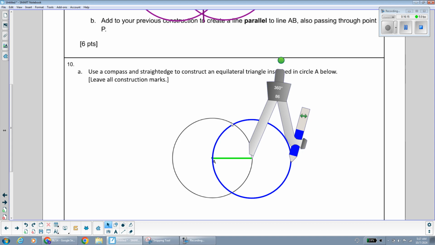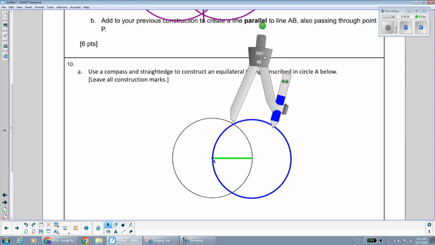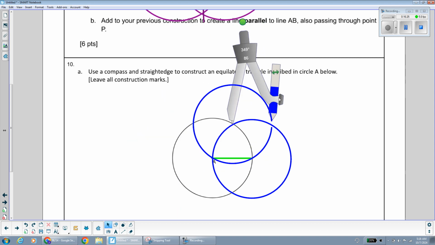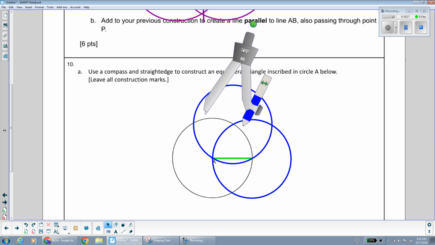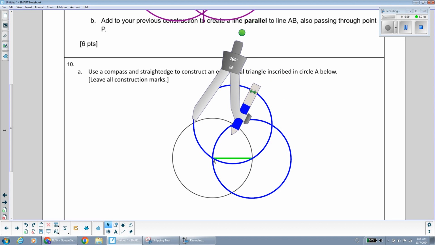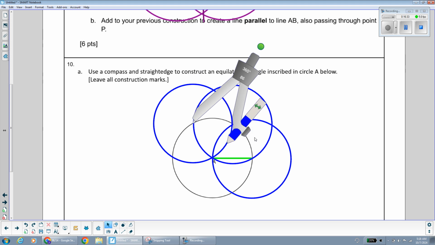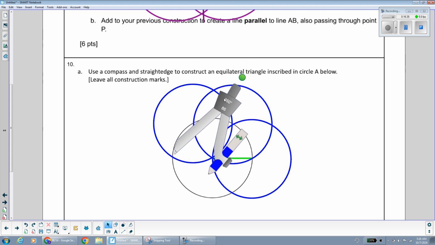There's 2 spots where the circle hits the original circle. I'm going to go over to each of them, but I'll go over to the top one first, I guess. Doesn't matter. Swing another circle. Go over to the next place where it hit the original circle. Swing that circle. Let's go over to the next spot.